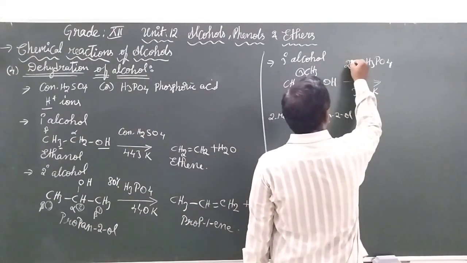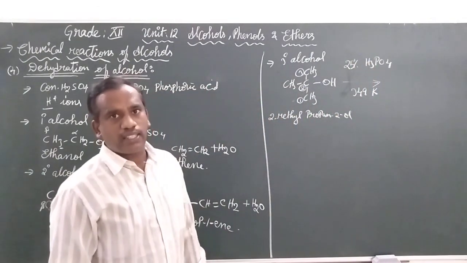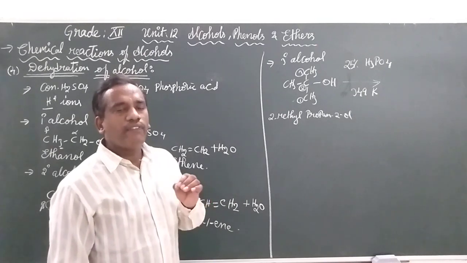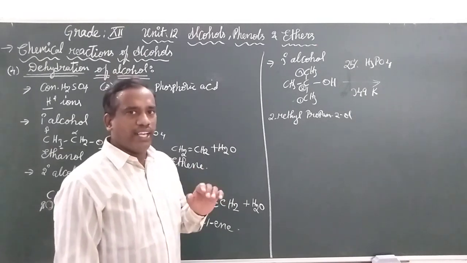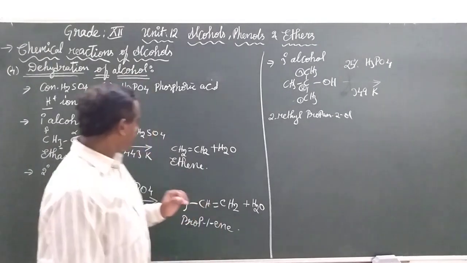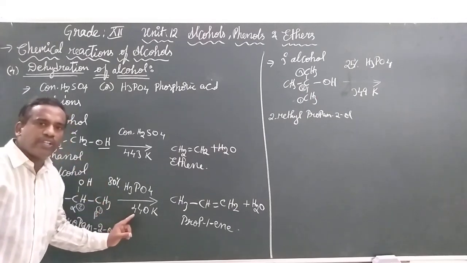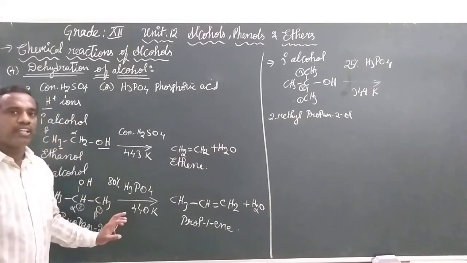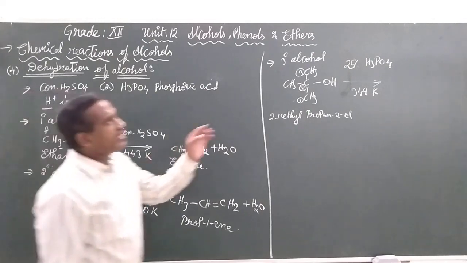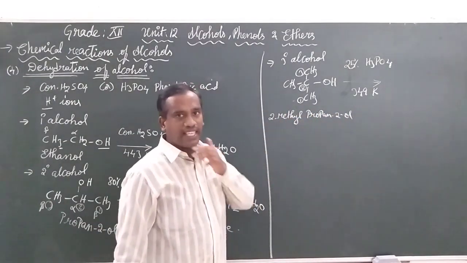Here the phosphoric acid percentage is also very less. Means when we are studying the type of alcohol, primary is going to react at high temperature, secondary is going to react at a lower temperature than the primary, and tertiary reacts at a very low temperature than the secondary.